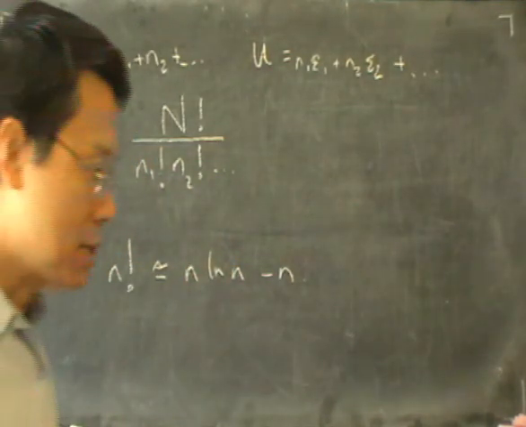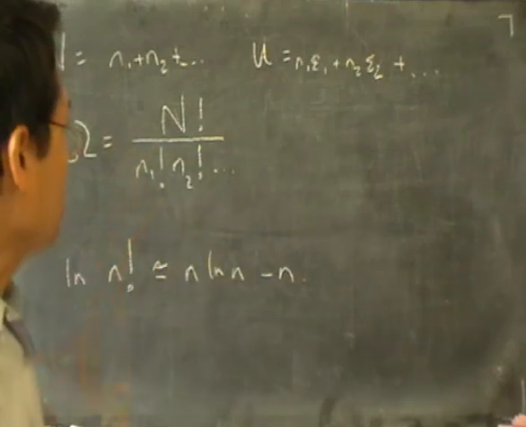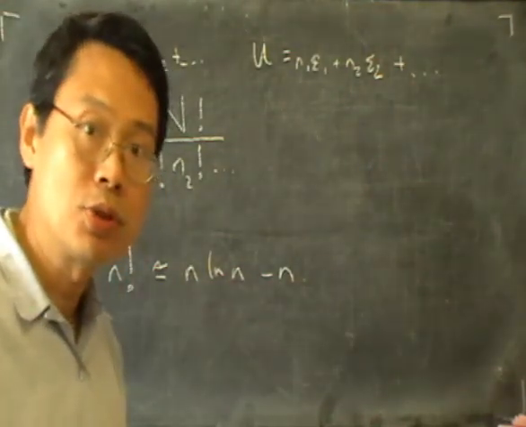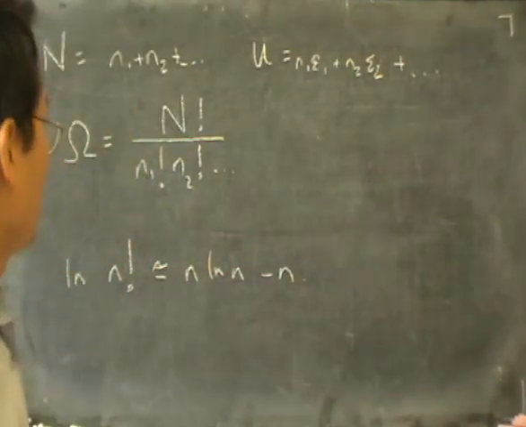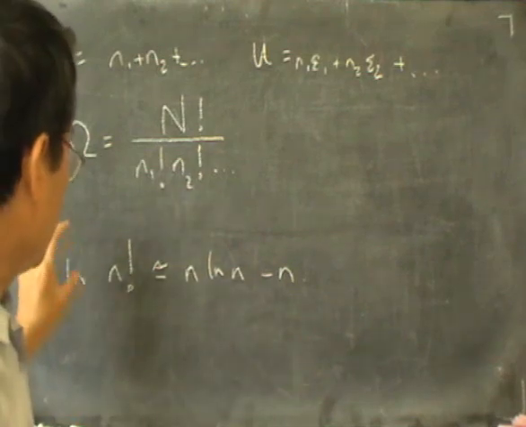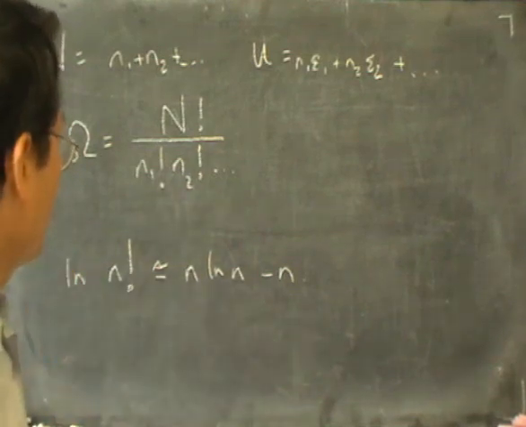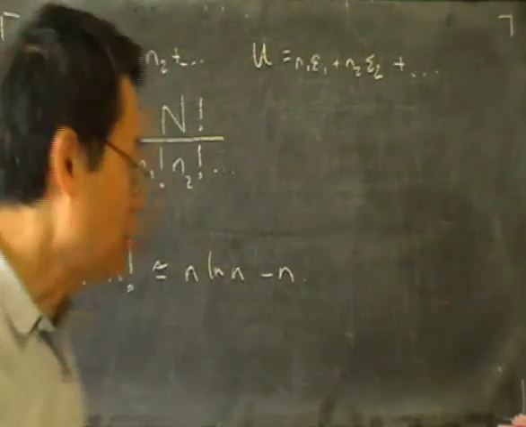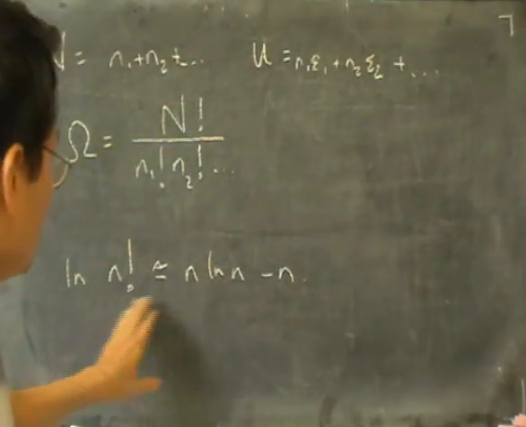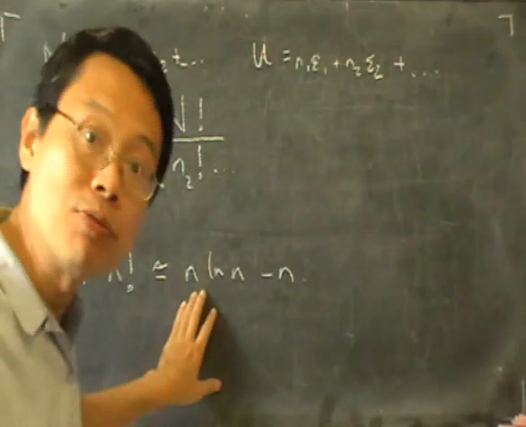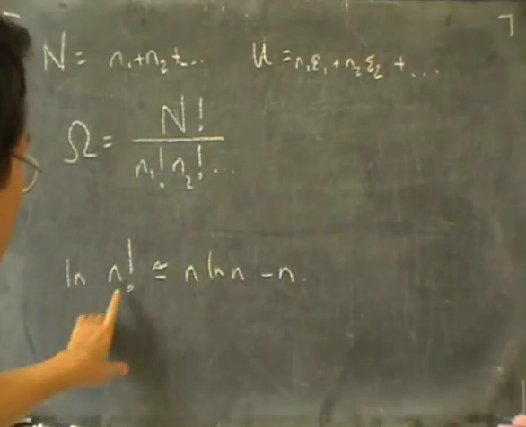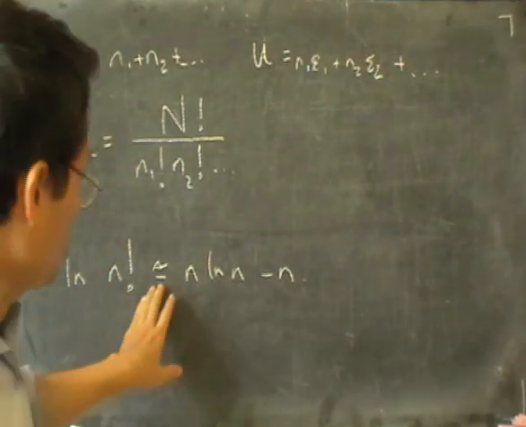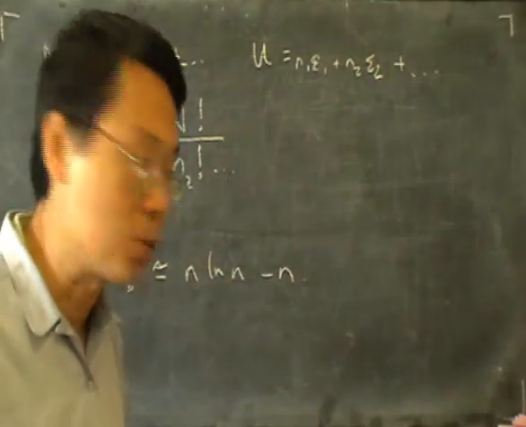But the trouble is, factorials are complicated to differentiate. Since we expect a very large number of particles, we can use Stirling's approximation, which simplifies the factorial. As you can see, log of n factorial is approximately equal to this, which has no more factorial.